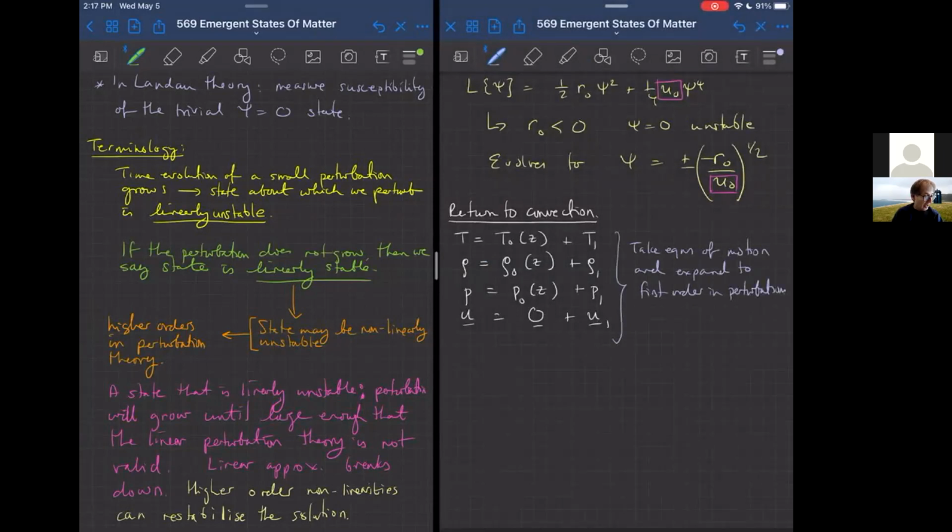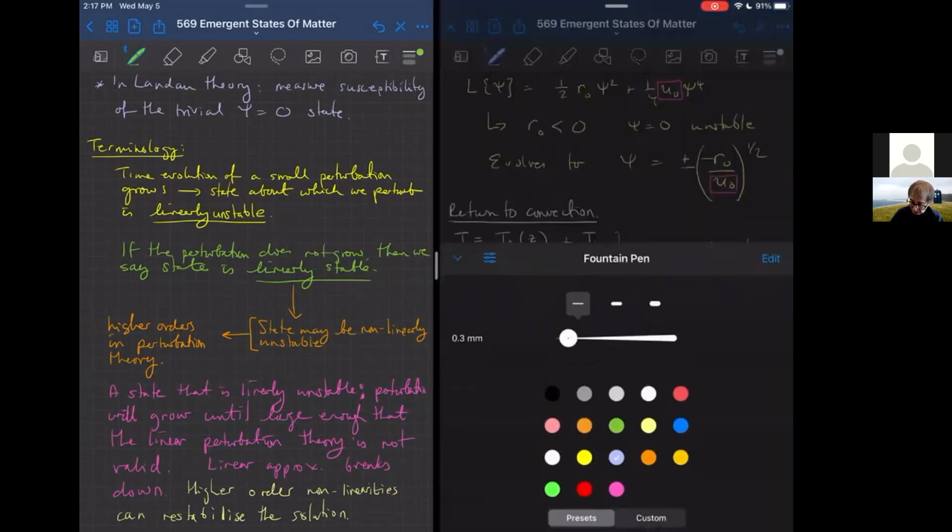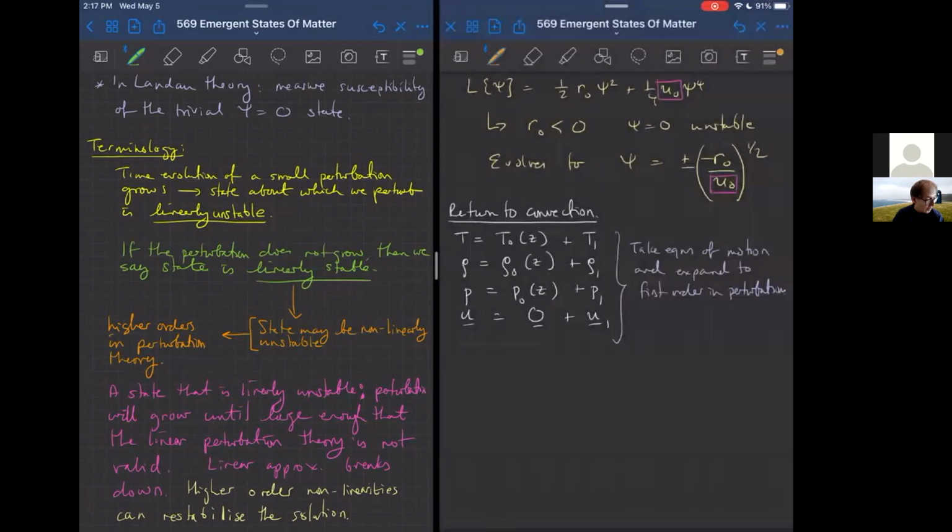Okay, so let me write down what the result is. When you go ahead and do that, what you find is this. Rho 1 is equal to minus alpha rho bar T1.